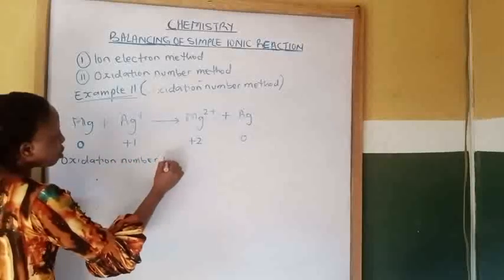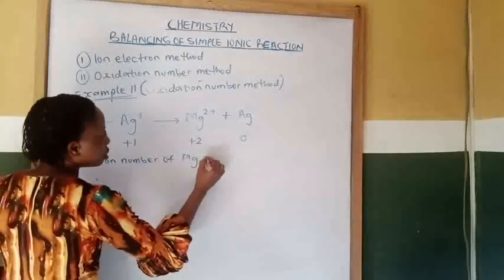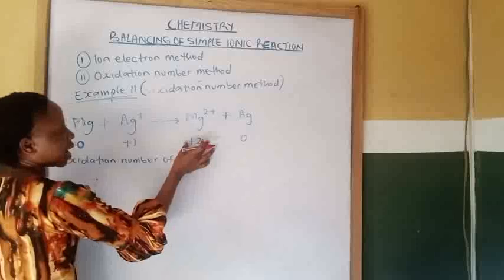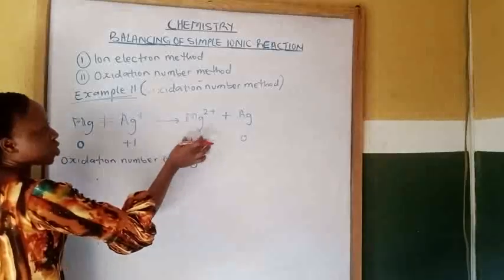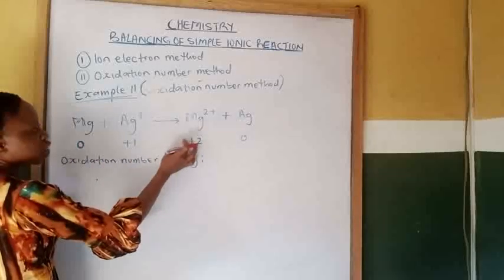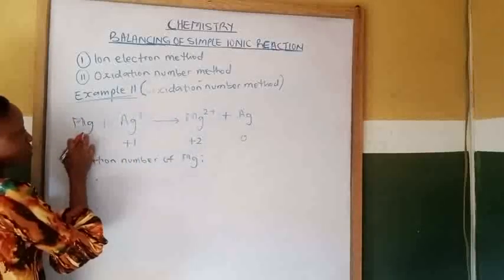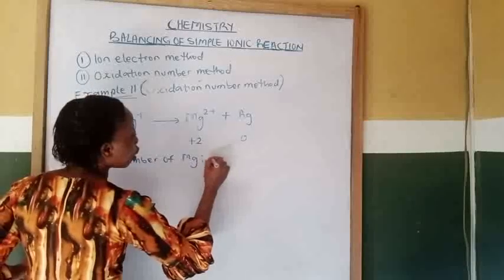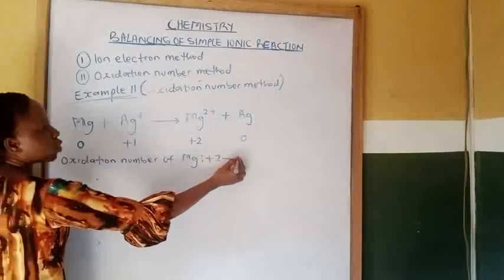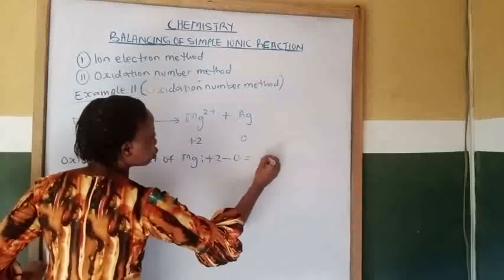The first atom is magnesium. The oxidation number of magnesium at the product side minus the oxidation number of magnesium at the reactant side: that is plus 2 minus 0, which will give us plus 2.